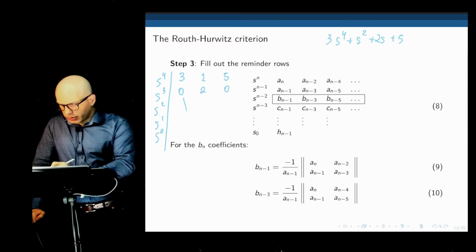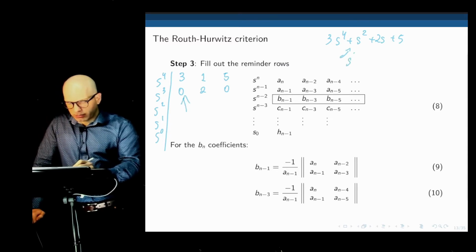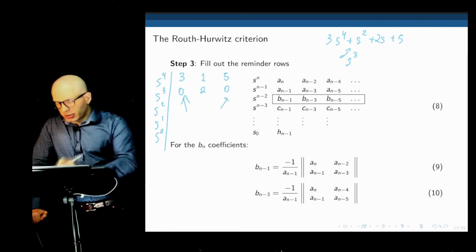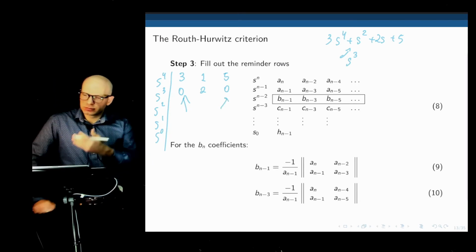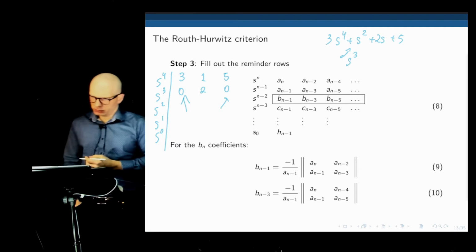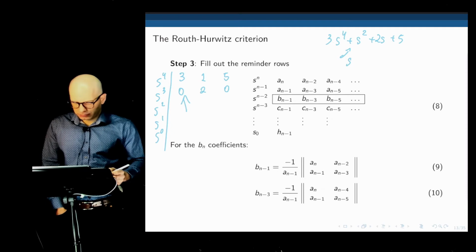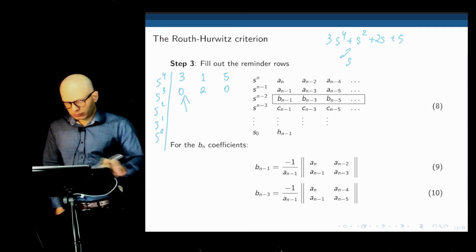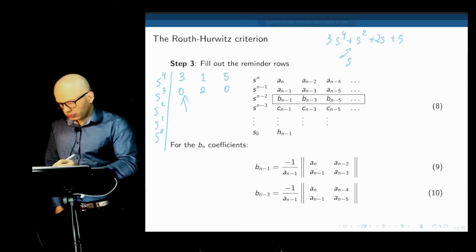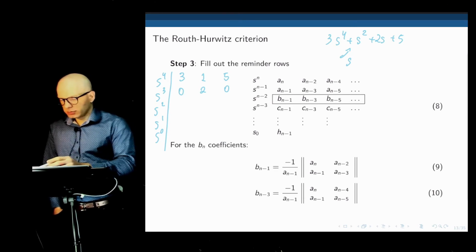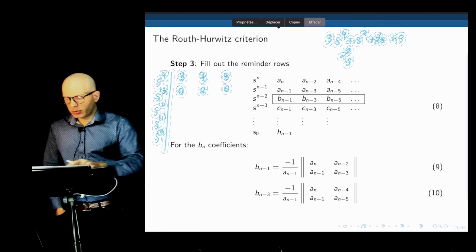Where this 0 here corresponds to the coefficient of s to the power of 3, which is not there. And this 0 here is just required to complete the top row. There's nothing after 5 that goes to 0. Oh, okay. So it doesn't matter how many here, we need to finish the line, right? Yes. Always finish that with 0.